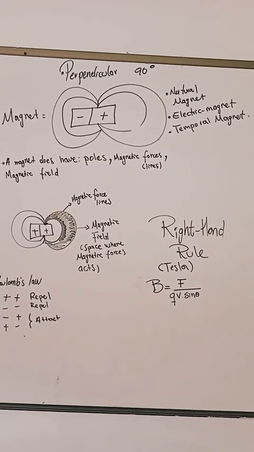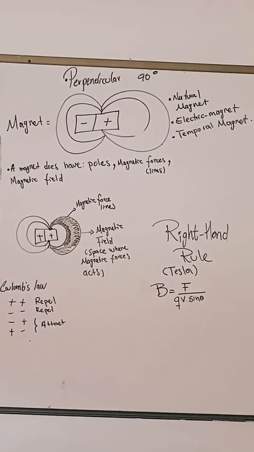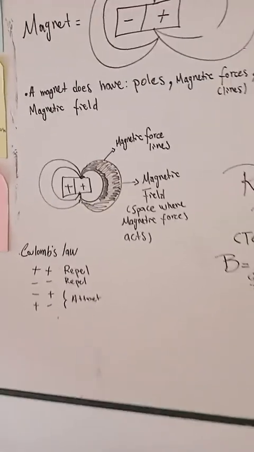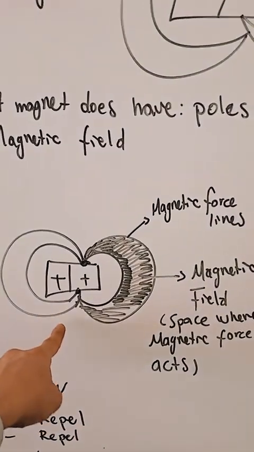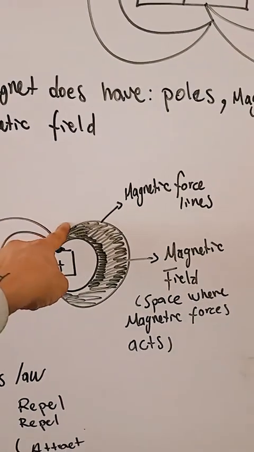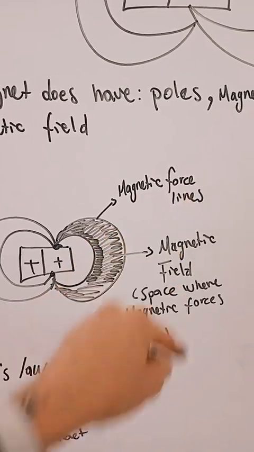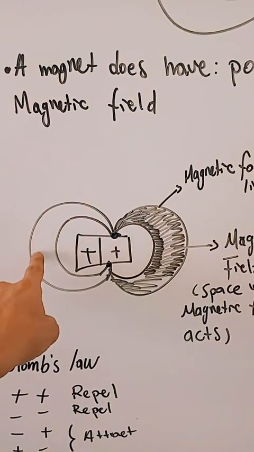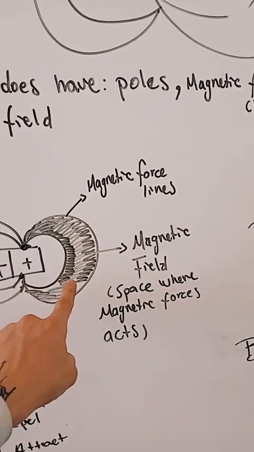What is a magnetic force? A magnetic force is that invisible line. It's an invisible line that is forming this, okay? Now, this invisible line is called magnetic force, and the area within this space is called magnetic field, okay?